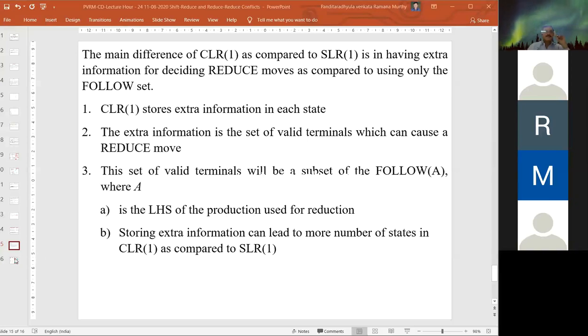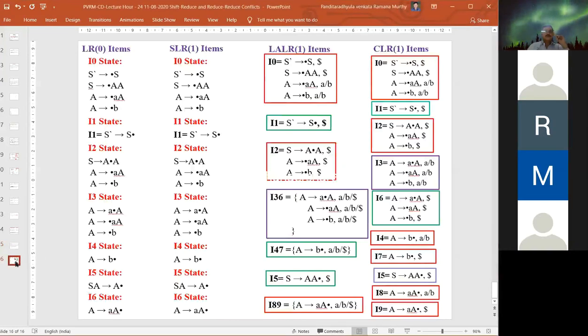Finally we will see the difference between LR0 items and LR1 items. I0 represents the augmented grammar for the given grammar. If you remove the S' production, the remaining productions represent the given grammar.